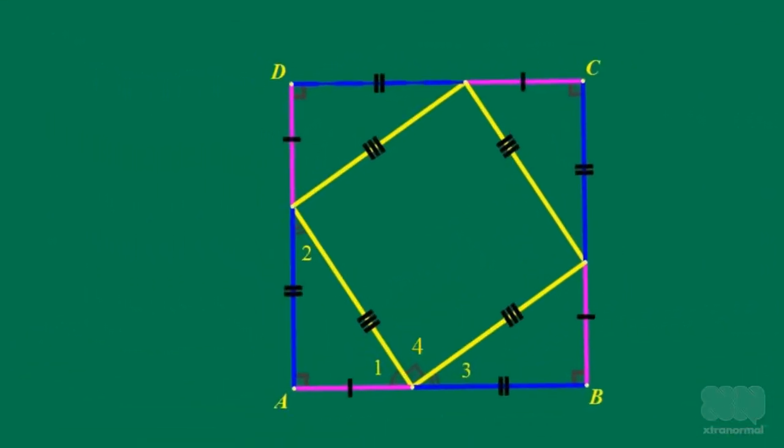And so, angles 1 and 2 are complementary. And since angles 2 and 3 are congruent, we can say that angles 1 and 3 are complementary as well by the transitive property. Since acute angles 1 and 3 and the angle of the inscribed quadrilateral, angle 4, form a line, we know they add to 180 degrees. We can subtract the measures of angle 1 and angle 3 and be left with 90 degrees for angle 4.